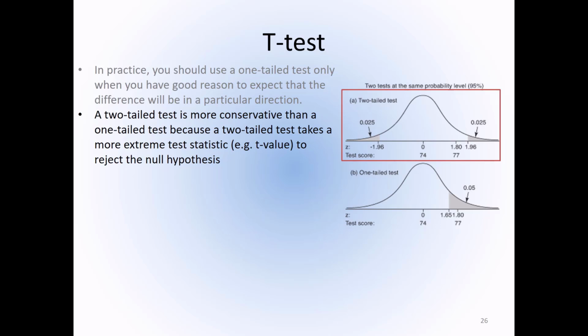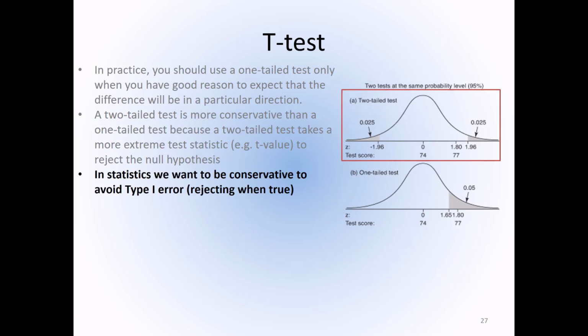In our case, it's going to be this t-value that we're calculating in order to actually reject the null hypothesis. And this is key for statistics because we want to be conservative to avoid making that type 1 error, rejecting the null hypothesis when in the real world it's actually true.